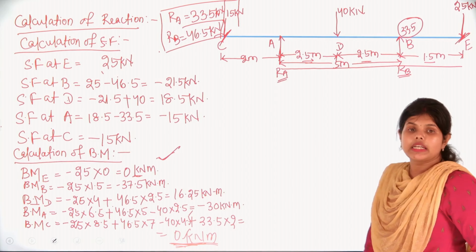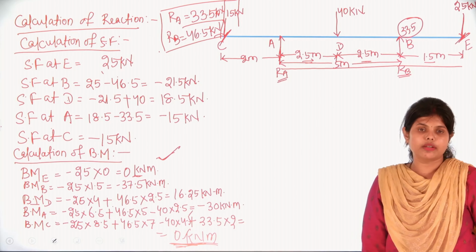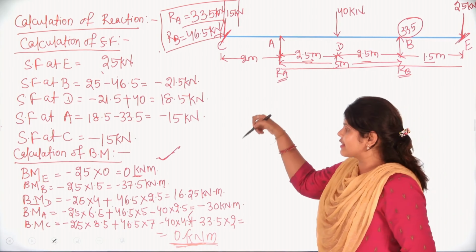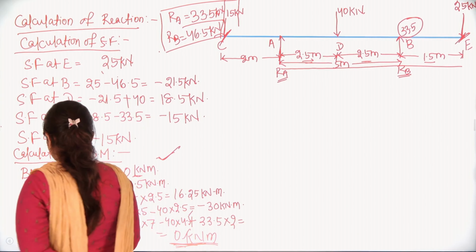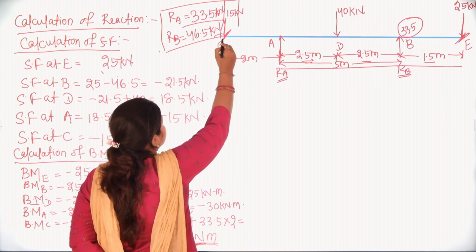Okay, now we have both the shear force calculation and bending moment calculations. So if you need to, just take a screenshot, and now we will draw the shear force and bending moment diagram.